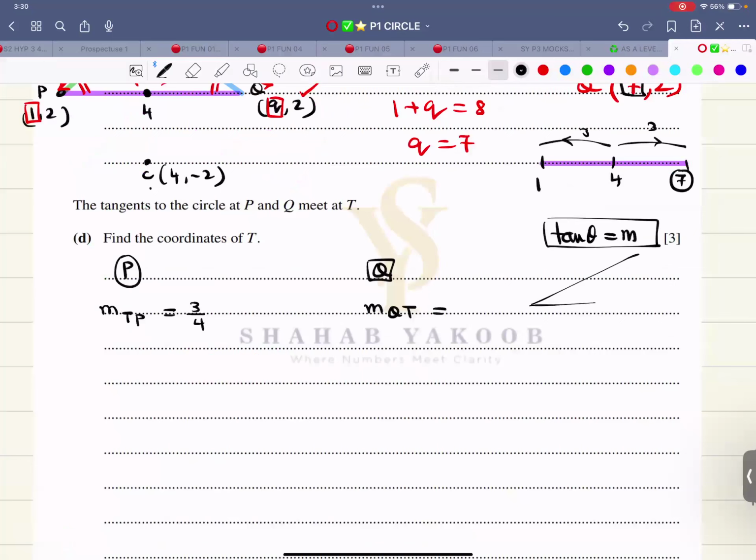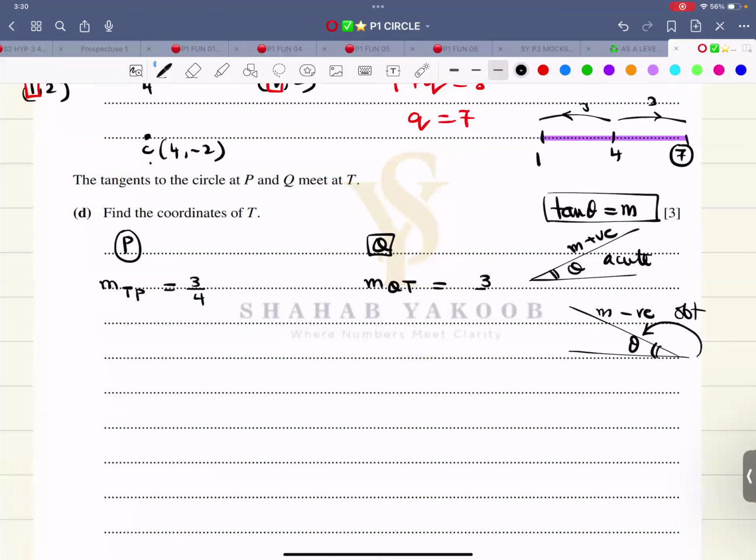If the angle is positive, the gradient is positive. If the angle is this way, or you can say if this is obtuse, we take care of the basic angle. This is the acute angle. This is the obtuse angle. For acute, gradient is positive. For obtuse, the gradient is negative, but the basic angle is the same.